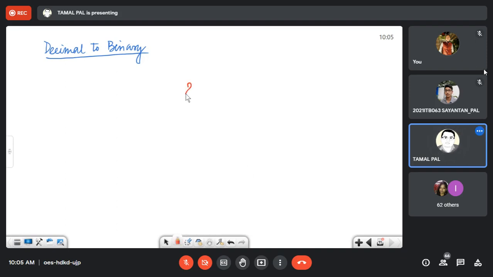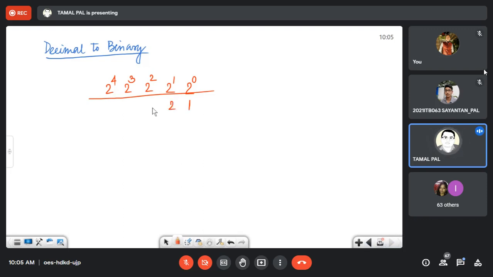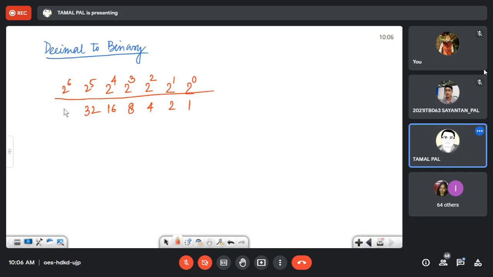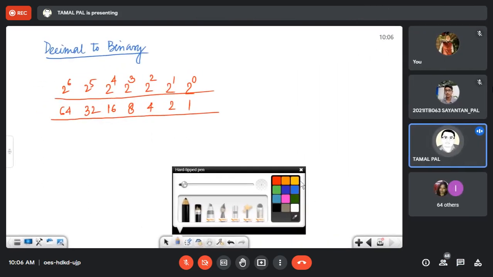That means 2 to the power 0, 2 to the power 1, 2 to the power 2, 2 to the power 3. So what are these in decimal? This is 1, this is 2, this is 4, this is 8, and this is 16. Similarly, 32 is also possible: 2 to the power 5, and 2 to the power 6 is 64. So these are the weightages of a binary system. I have considered only the positive part.